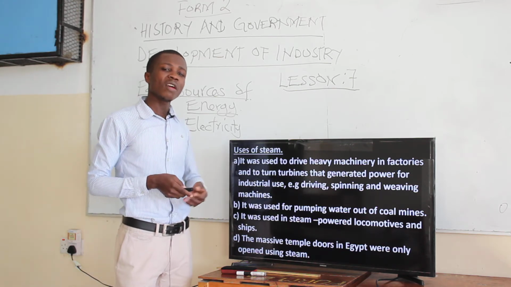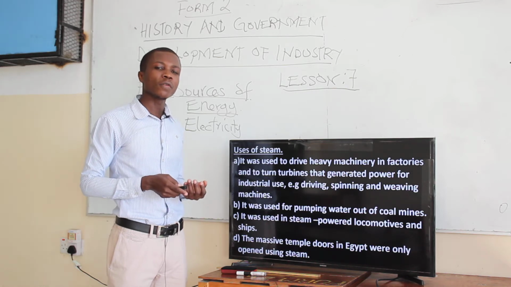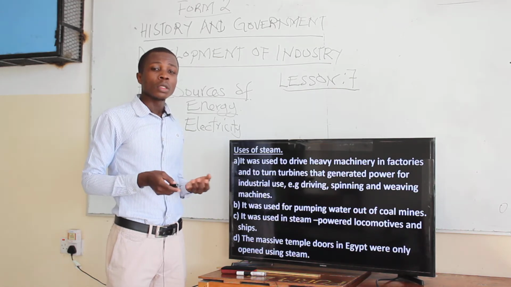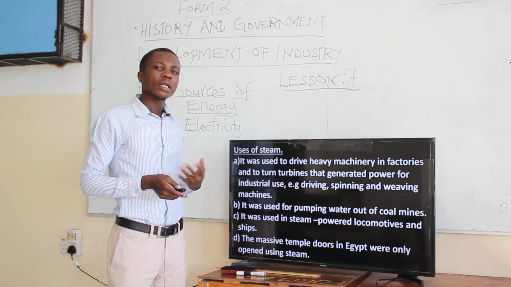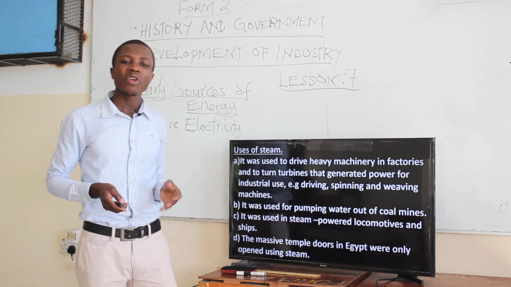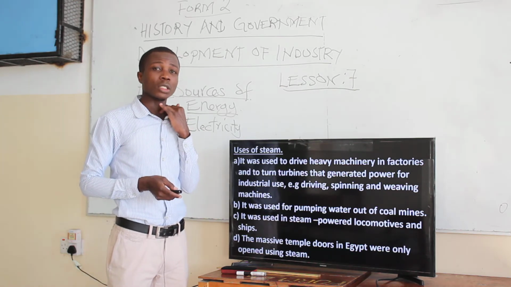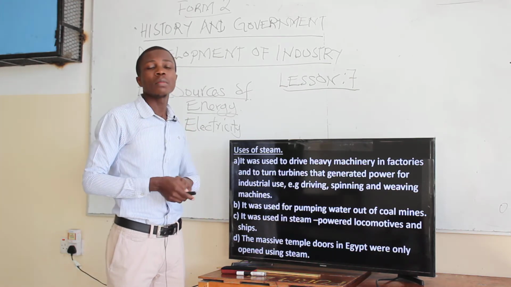So it was used to drive machines, and those machines were all about turning turbines that generate power for industrial use. This could be split into different uses, for example driving spinning and weaving machines. All of those machines were using steam power.